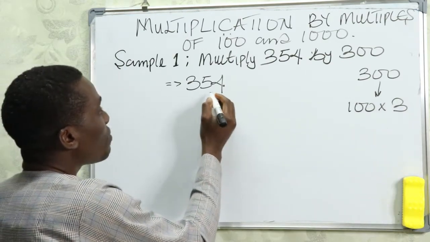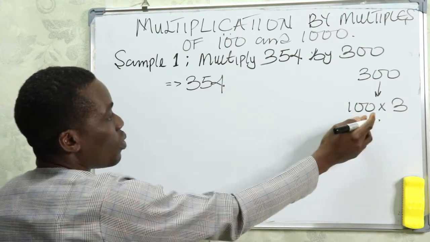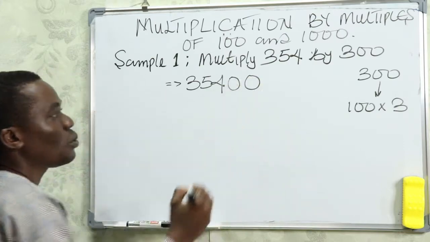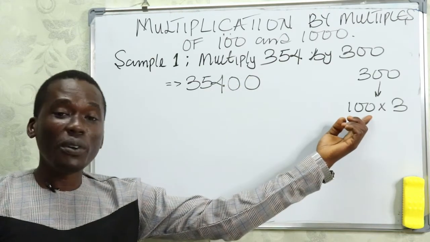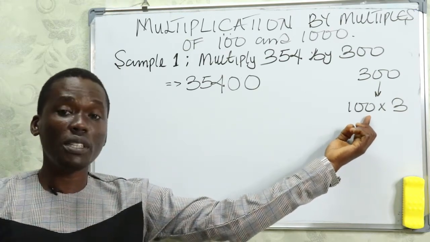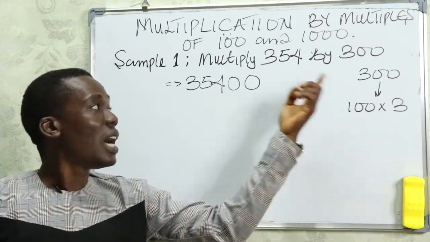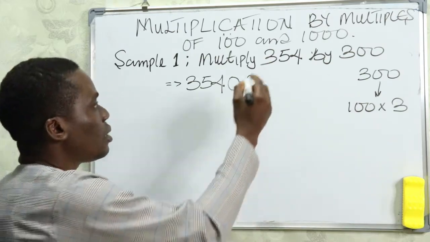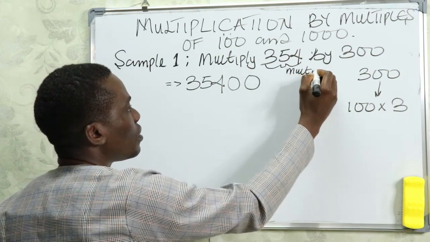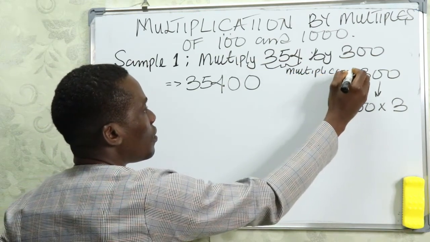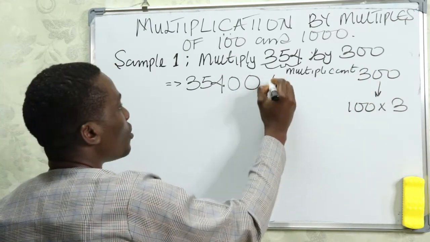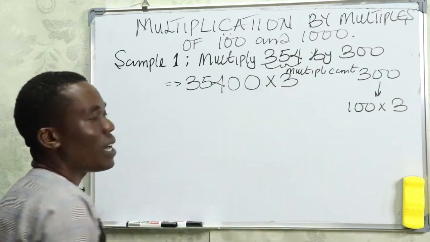If we multiply 354 by 100, we'll just add the 2 zeros. The first step says you should add the zeros. If it is hundreds, it's 2 zeros. If it is 1000, it is 3 zeros. Add it to the multiplicand, and then multiply your result by the other factor. That is step 2.